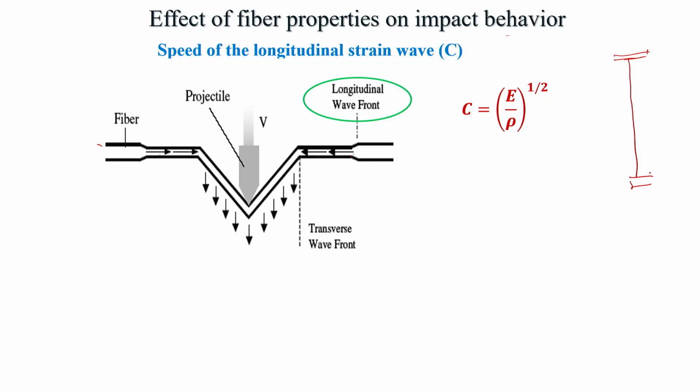Suppose this is loading in a UTM, this is a filament being loaded, the strain will be uniformly distributed depending on the entire strain. But in case of impact, here is the impact, the strain will start at the impact point, and gradually it will move in this direction.